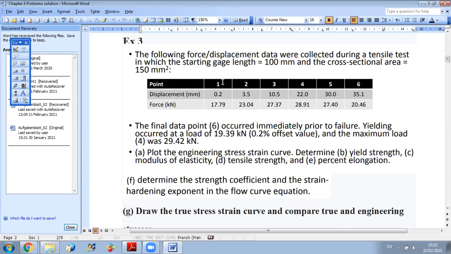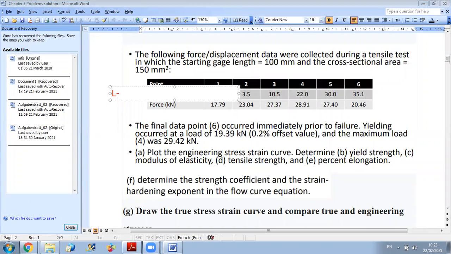So you have 6 points given, and for each point they gave us the displacement value, delta L, which is L minus L0. And we have the corresponding force F applied on the specimen at each point.